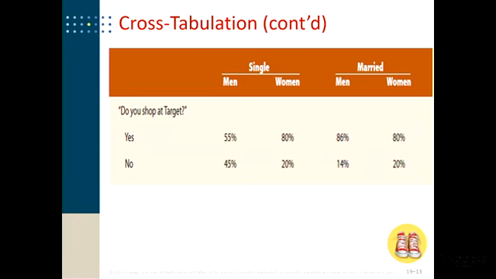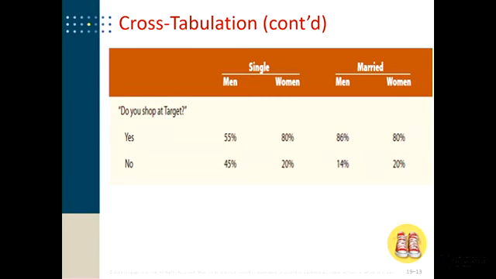Males have increased. If you can remember, in our overall result, around 60% of males said yes. And when we divide them, when they are single, it is 55%. That means the overall result is pretty close to the result we obtain when they are single. However, when they get married, you can see that the percentage increases substantially from 55% to 86%.